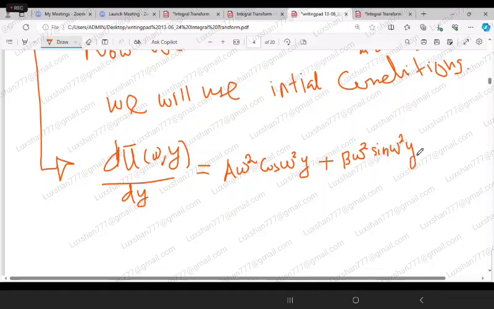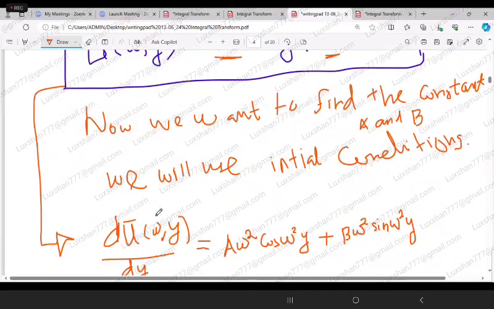Shortly you will understand why I am considering the derivative, because I am going to use the initial condition to find the constants.